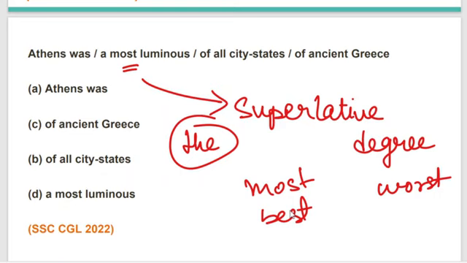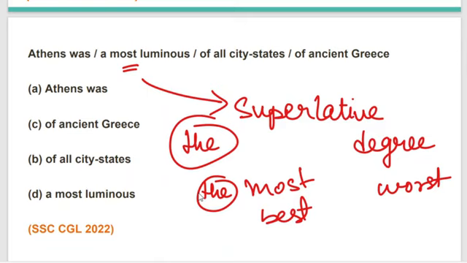Because the superlative degree is the highest degree, and the highest is something which is one, unique and specific. And for specific cases, it is mandatory that we use the definite article "the."